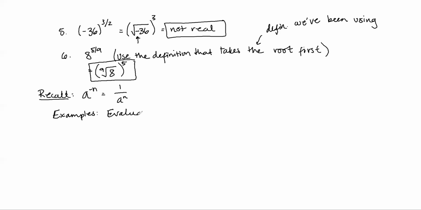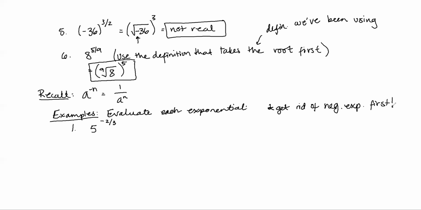So we're told to evaluate each exponential. Looking at this first one, we're given 5 to the negative 2/3. First thing you want to do here is get rid of the negative exponent.